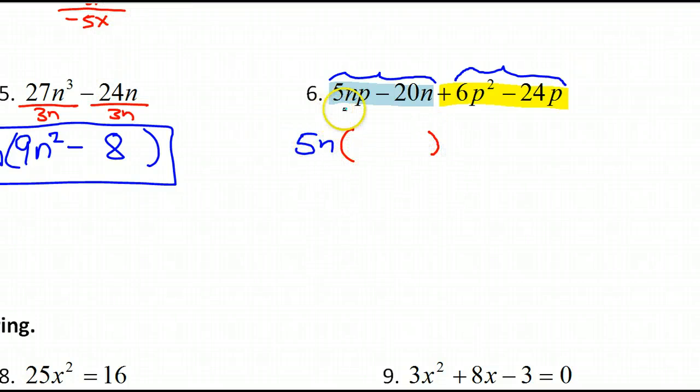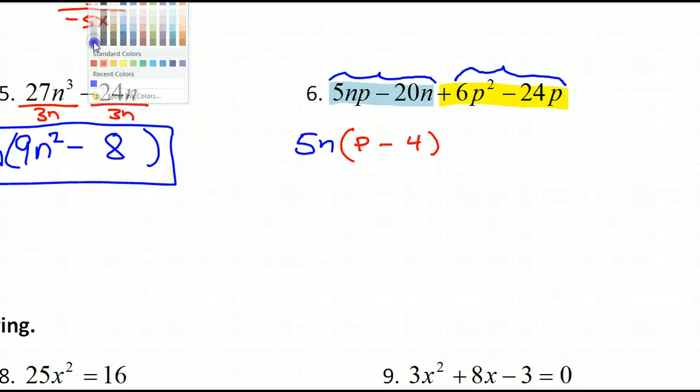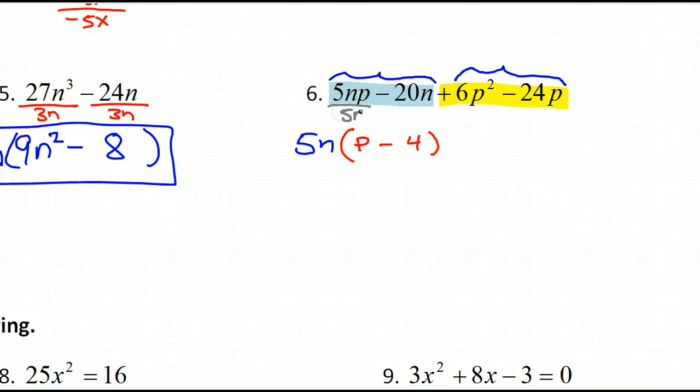Now if I divide each of these by 5n, I'm going to get p minus 4. Just to make it super clear, I'm dividing by 5n. The 5's cancel, the n's cancel, so I have p. 20 divided by 5 is 4, and the n's cancel, so p minus 4.